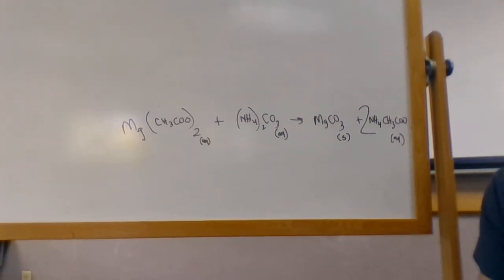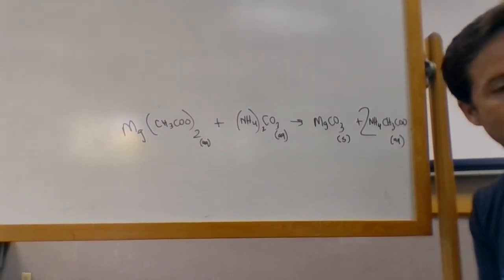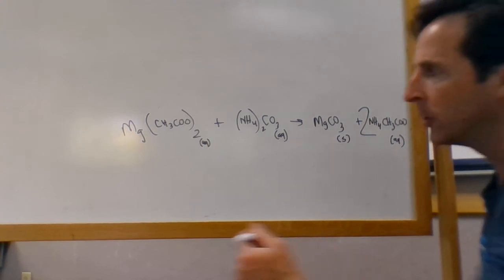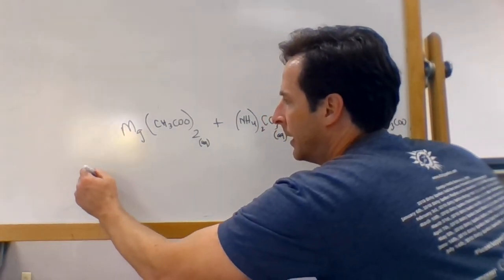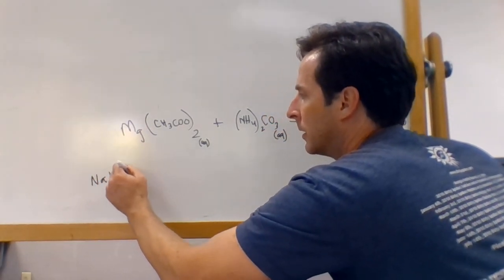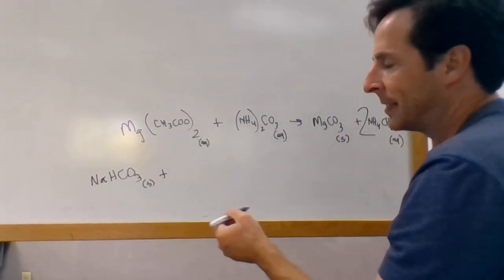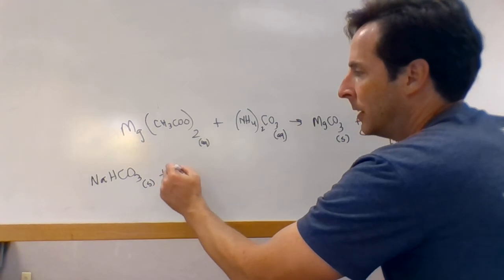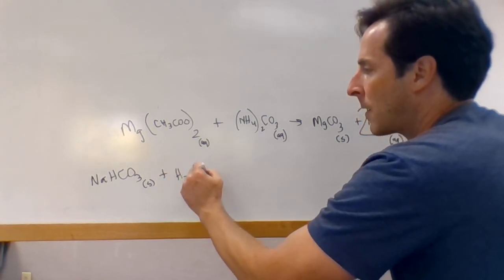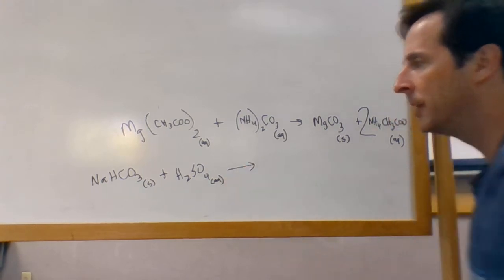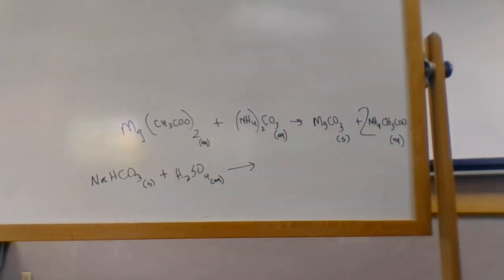All right. The next reaction I mentioned was the reaction of solid sodium bicarbonate with aqueous sulfuric acid. So sodium bicarbonate is NaHCO3, solid, plus sulfuric acid is one of the acids you're supposed to know, H2SO4, aqueous, that was all given, yields. Now, again, double displacement.